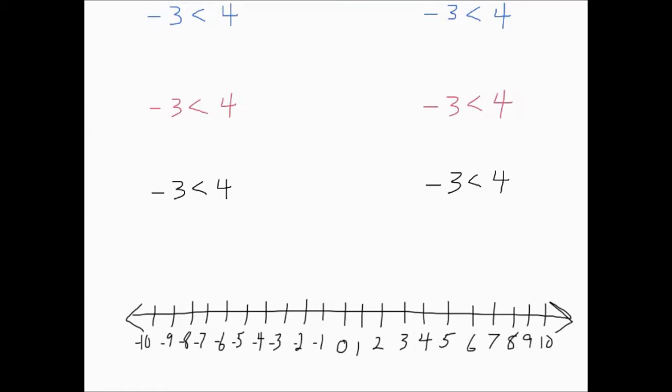And first of all, is this true? Is negative 3 less than 4? Is 4 greater than negative 3? Yes, of course it is true. Here's negative 3. Here's positive 4. You can see that positive 4 is further to the right on the number line. So it is bigger than negative 3.